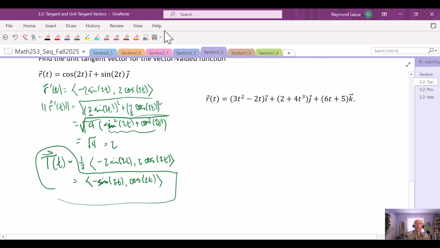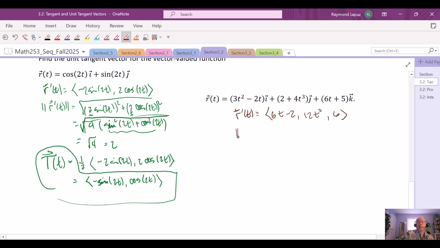I think we have one more to do here, so let's just do this example real quick. I don't think there's going to be any simple, nice results like we've had here. This will be very similar to the one before, but let's go through this anyways just to practice. Our derivative is going to be given by 6t minus 2, and then we have 0, and then 12t squared, and then we have just the constant 6.